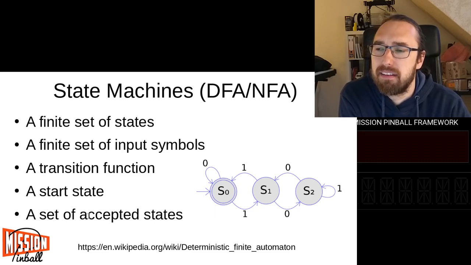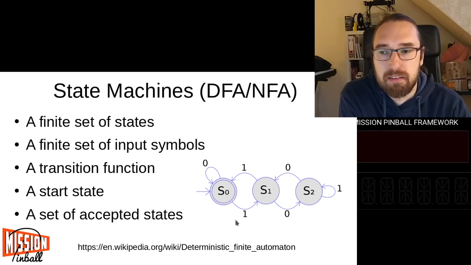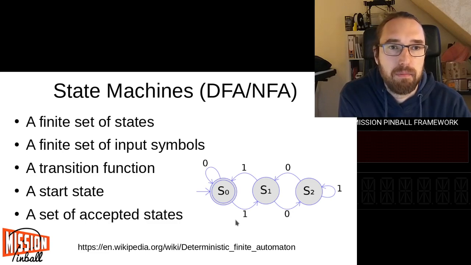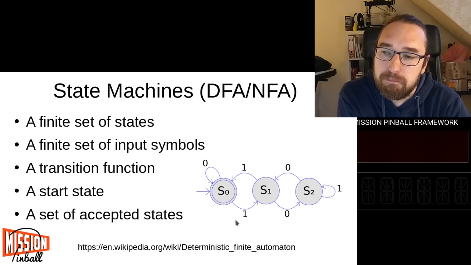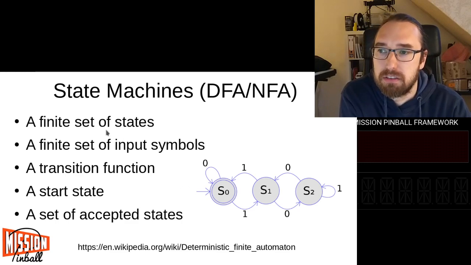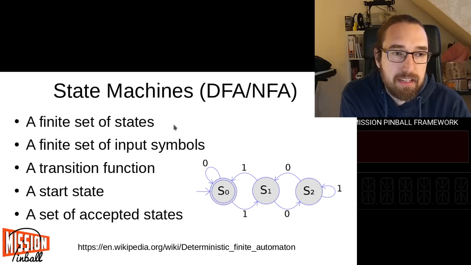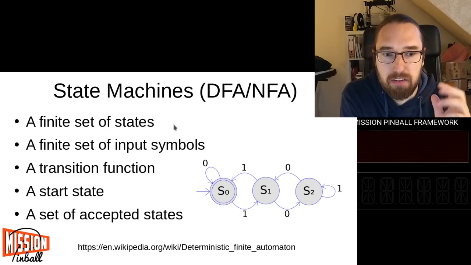Then you have a set of accepted states. That's academic and not important for us. It just describes whether this is a valid input, a valid state machine. For us, it's just important to understand that we have a defined set of states. They will not change at runtime. You define them in the beginning and they cannot change.